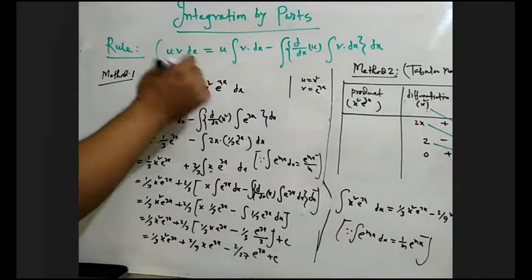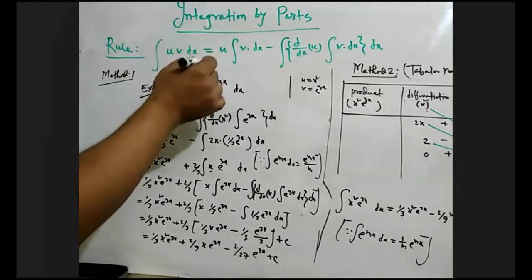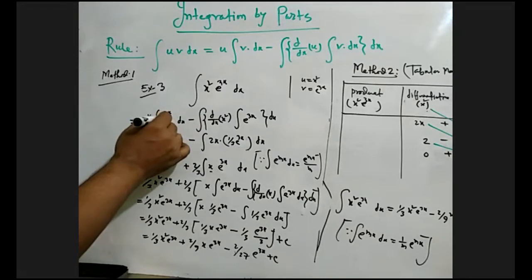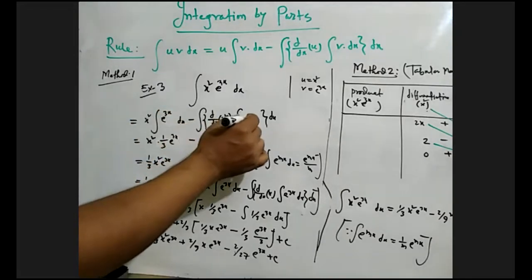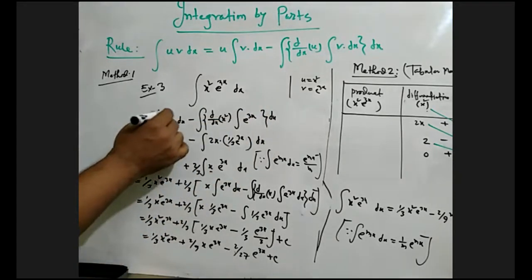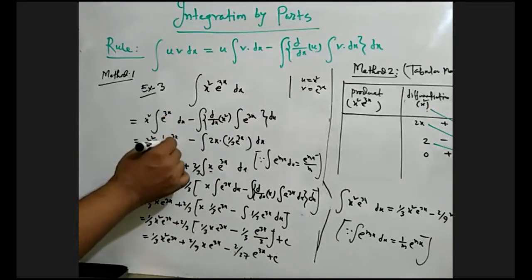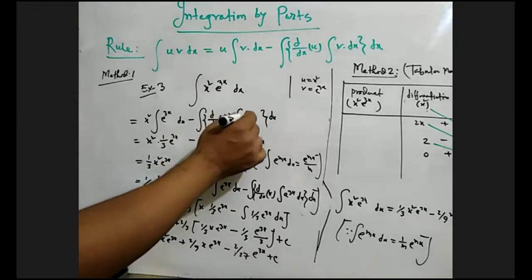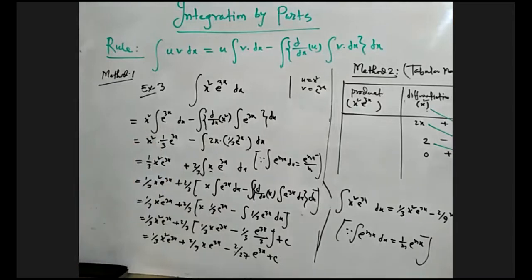So just now using this product rule for integration, x square into integration of v minus differentiation of u, integration of v, and again their integration of their product. So x square e to the power mx, m equals to here 3, so 1 by 3 e to the power thrice x, minus x square differentiation what? Twice x, and e to the power thrice x what will be? 1 by 3 e to the power thrice x.